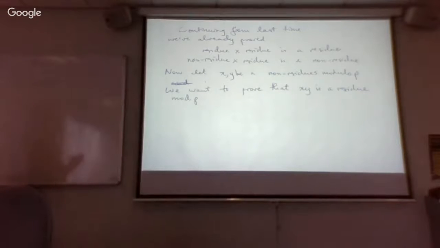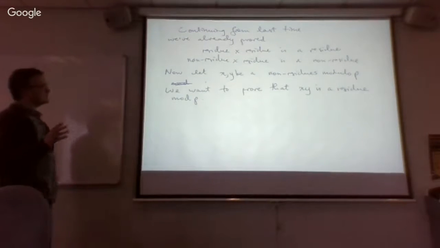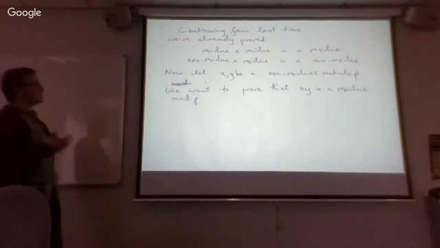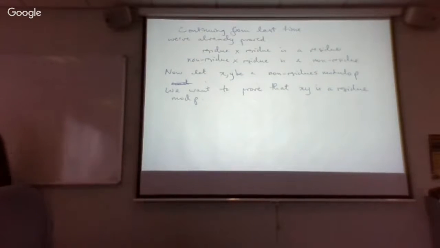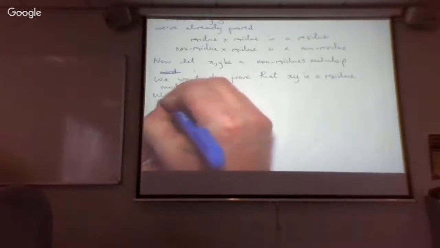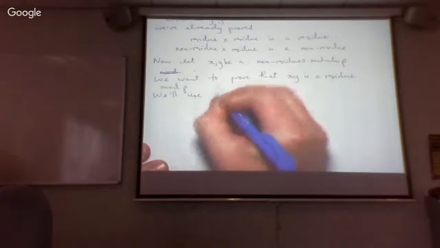So we're going to prove this in a different way. We're not going to present it as a proof by contradiction, but one could do that. We're going to phrase it as a type of counting argument. So we'll use a counting argument for this.